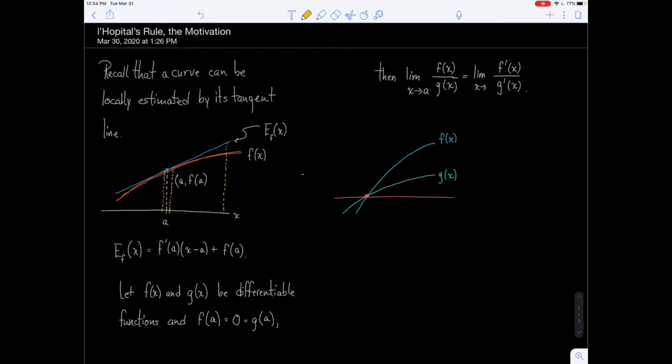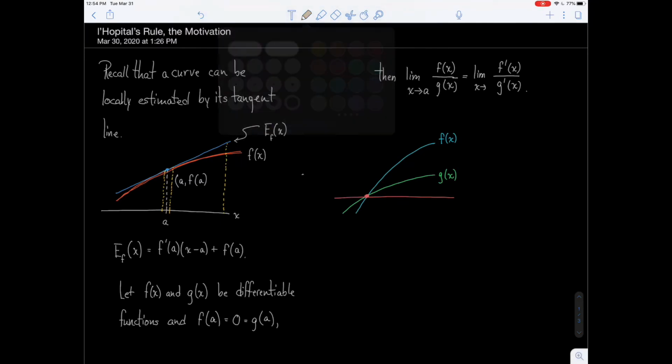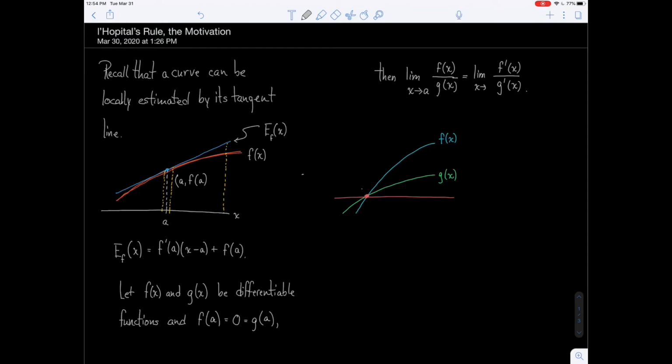So in other words, we don't care about these regions further out. All we care about here is just this little tiny local region of f and g. And so we're going to just take this. This is going to be like a window, like I can zoom in. And I'm going to draw that window.